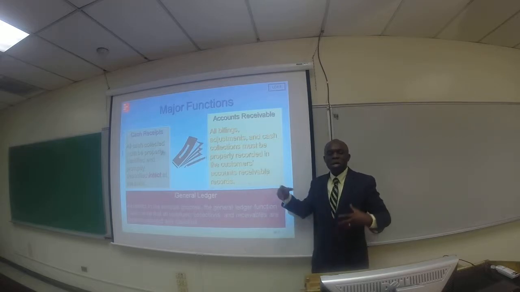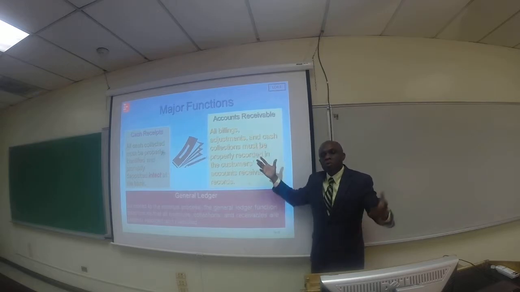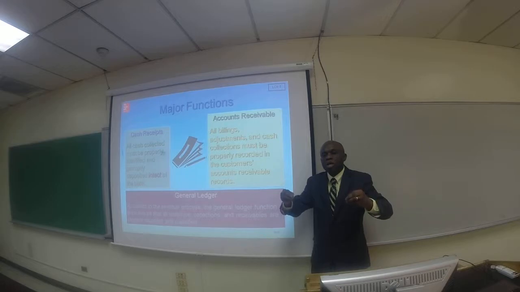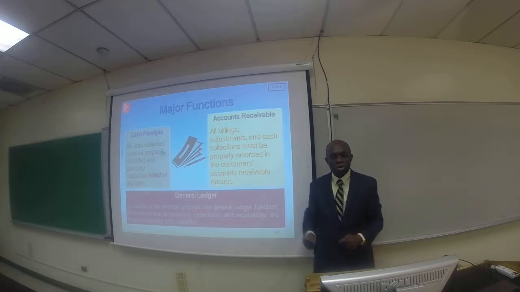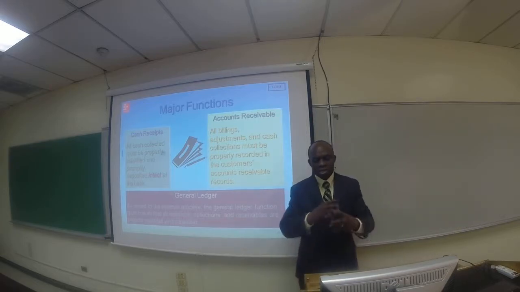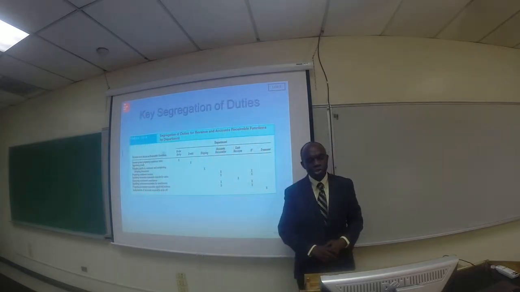Accounts receivable, that is another function. Some companies are so big that they have accounts receivable with 10, 15 employees. That is all they do, just monitoring credit sales and whether a customer has paid or not. Now, of course, the general ledger is the centerpiece of all these functions because everything has to be integrated into the general ledger.